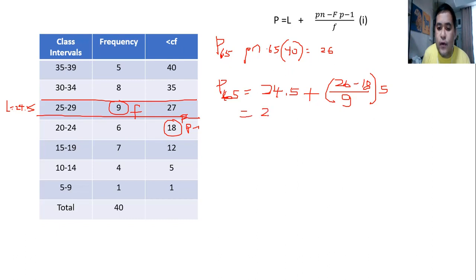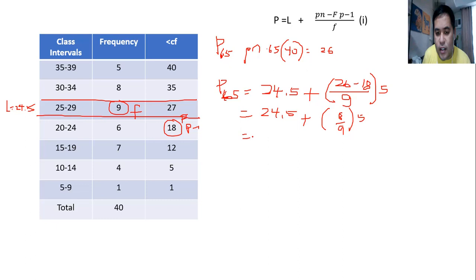So 24.5 plus, let us simplify this, 26 minus 18. 26 minus 18 is equivalent to what? 8. So equivalent to 8 over 9, times 5.